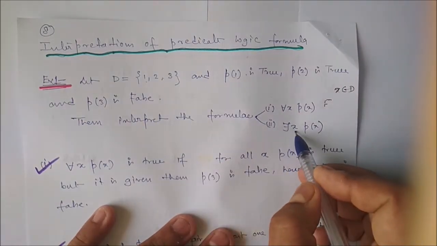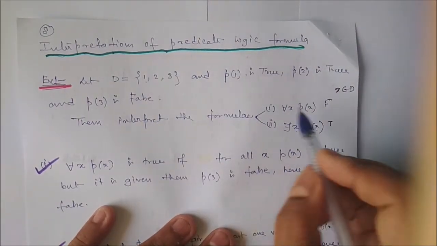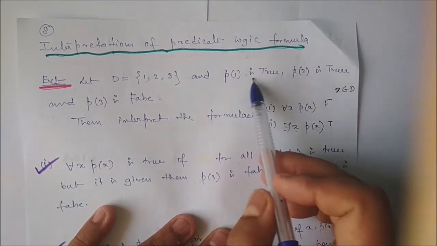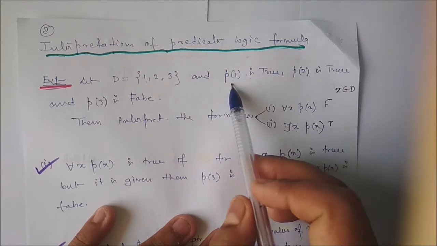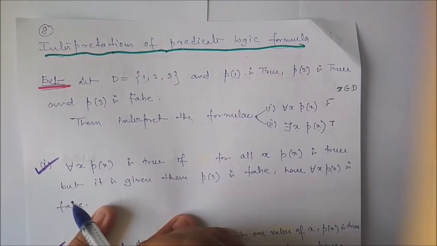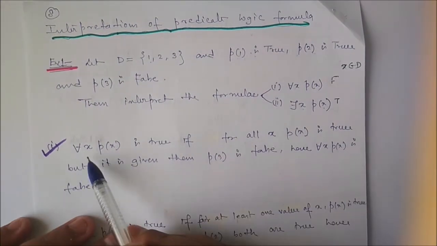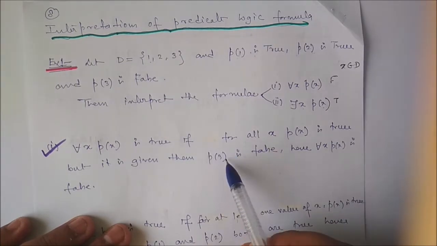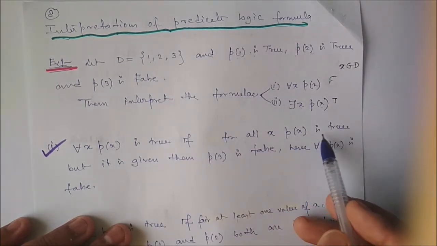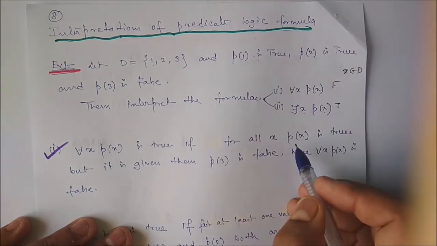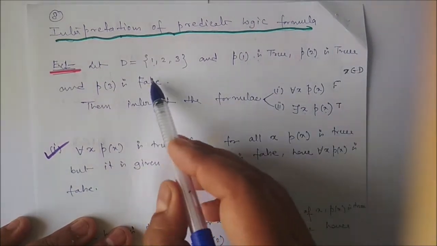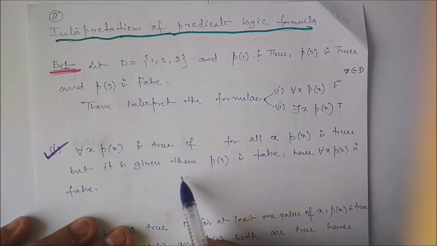There exists some x such that P(x) is true. Definitely it should be true, because in the two situations P(1) and P(2), in both cases it is true, but P(3) is false. So for all x, P(x) is not true, given that P(3) is false.